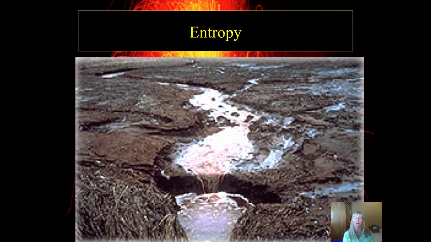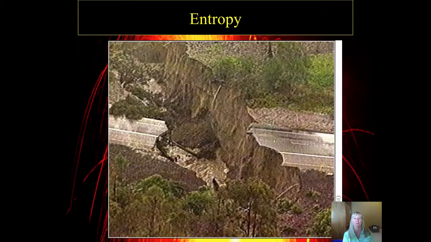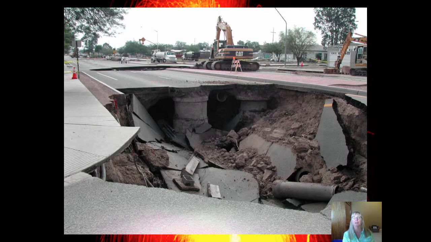Well, water always wants to go to its lowest energy state. It flows downhill. Roads do not build themselves over time. Roads fall apart over time. If you're lucky enough to live in Florida, you might come out one day and find one of these guys. It's called a sinkhole, caused by the undermining of the highly carbonate components that make up the soils of Florida.